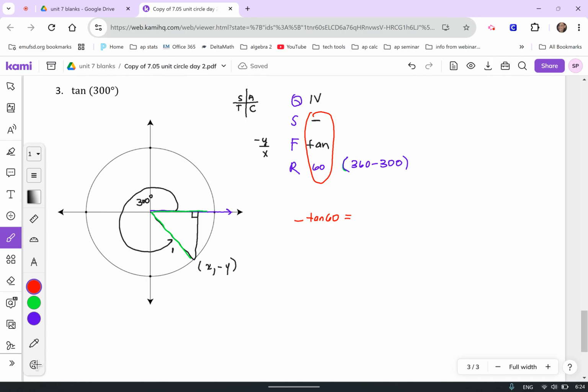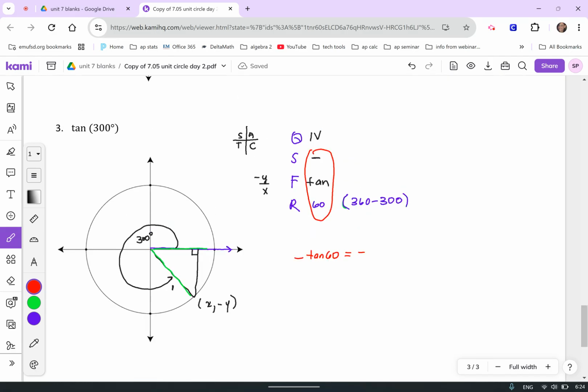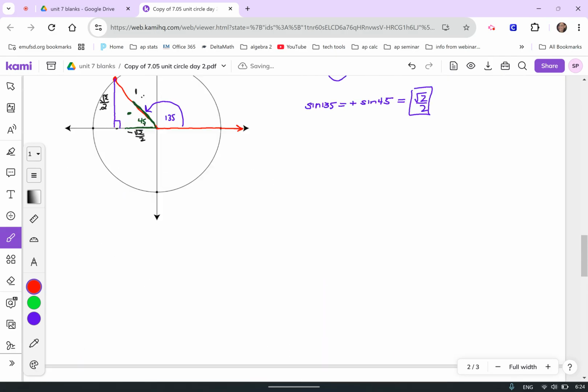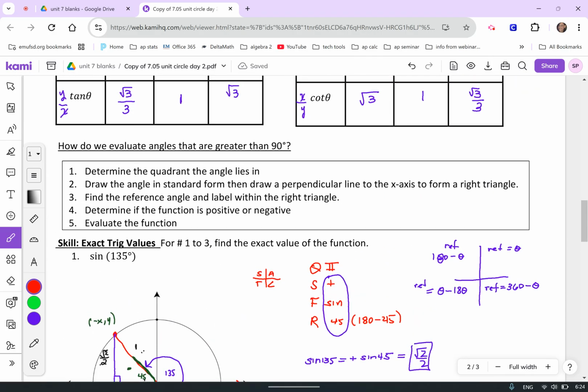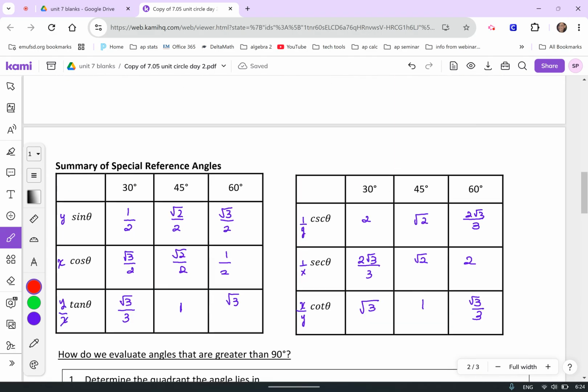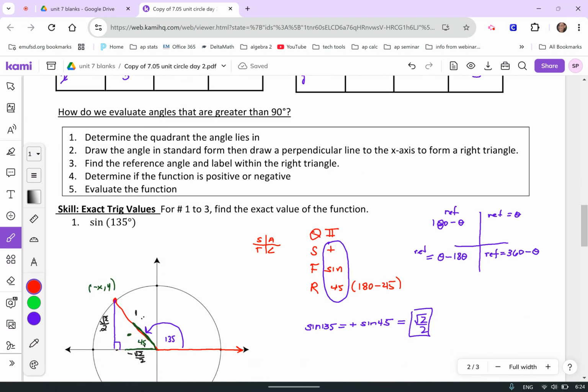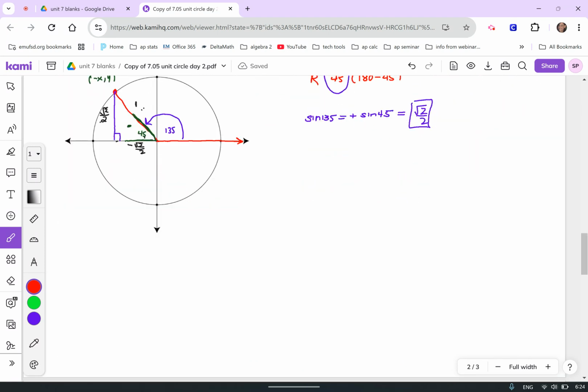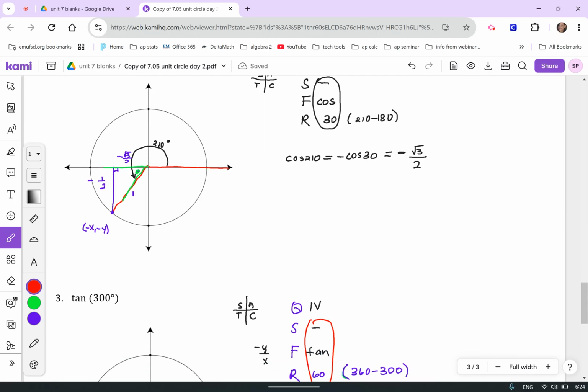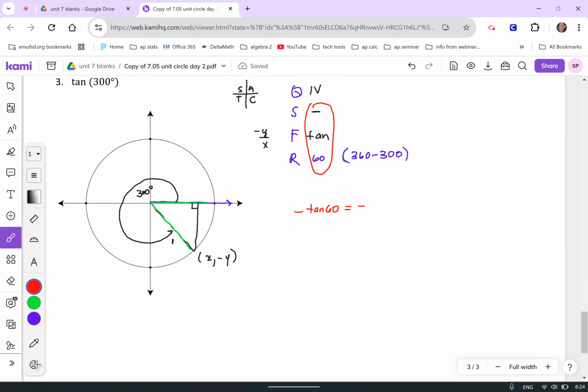And you would go to the chart, and when you look at the chart, tan of 60 is rad 3. So the final answer would be negative rad 3.